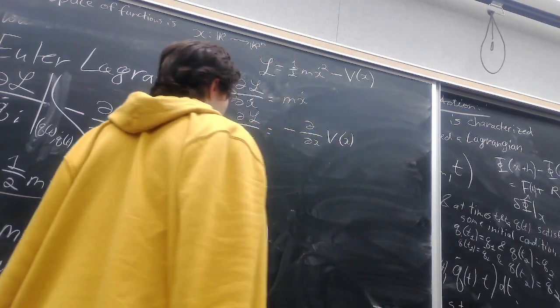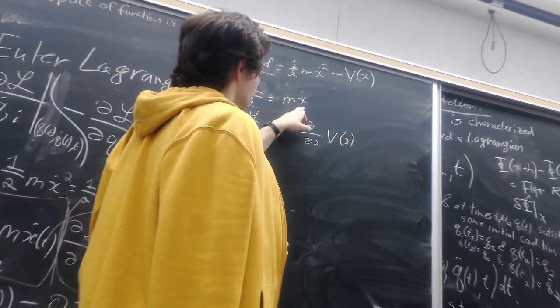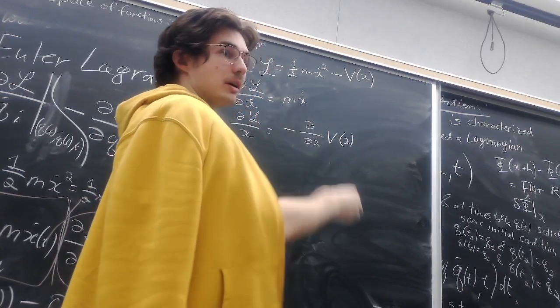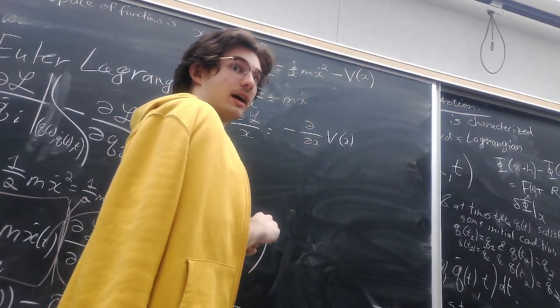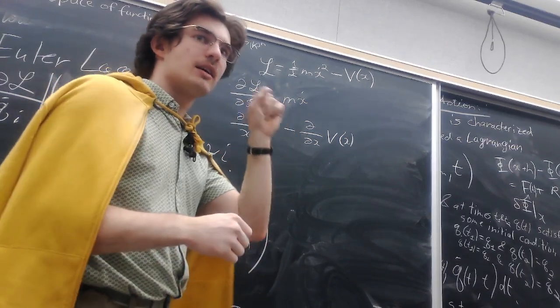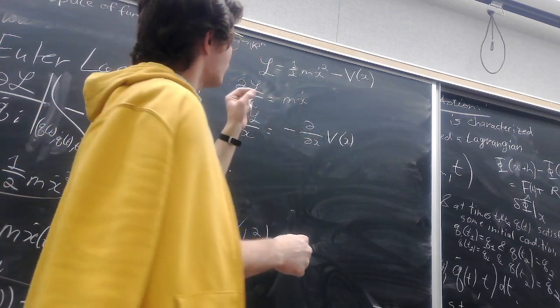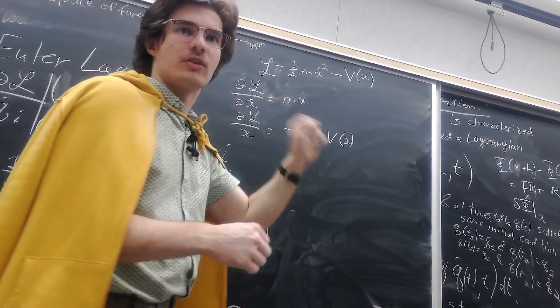Now I evaluate this all at x of t. So x dot is no longer a symbol; it becomes the derivative of x of t, because I plug the derivative of x of t into this slot of the Lagrangian.